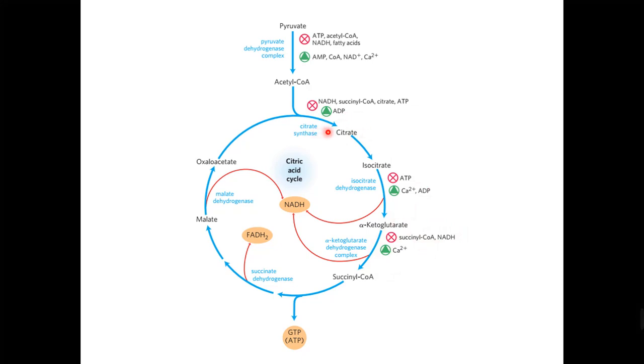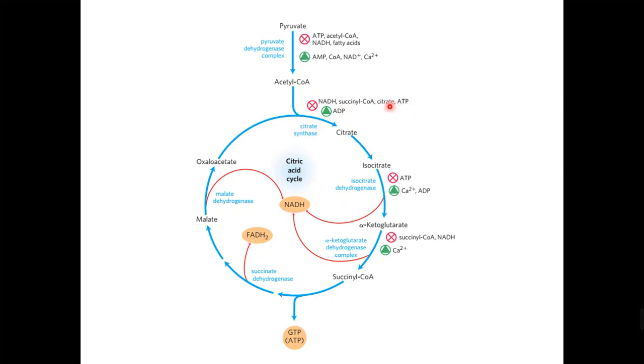We can see one by one, citrate synthase. The green color indicates a positive modulator, and the red color indicates a negative modulator. The positive modulator is ADP, and the negative modulators are NADH, succinyl CoA, citrate, and ATP. Why are ATP, citrate, succinyl CoA, and NADH inhibiting this enzyme? ATP means energy rich status. If ATP is there, there is no need to produce NADH. Citrate also shows this energy rich status.